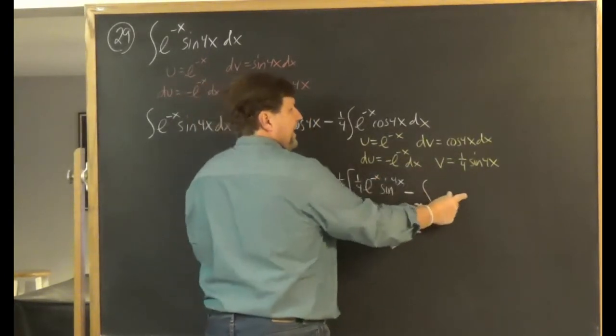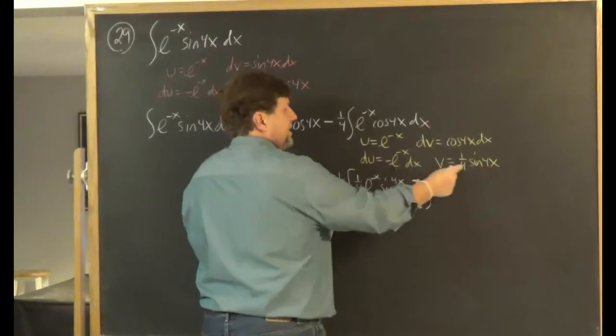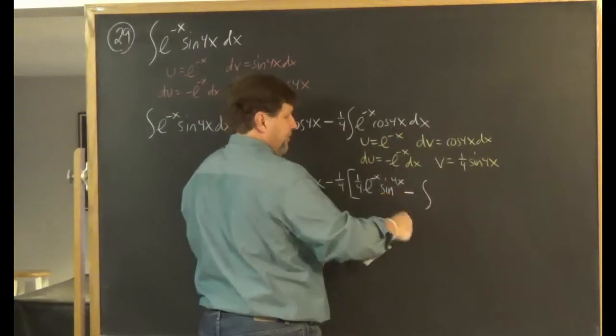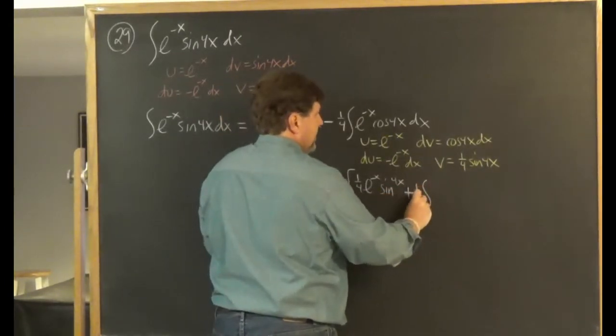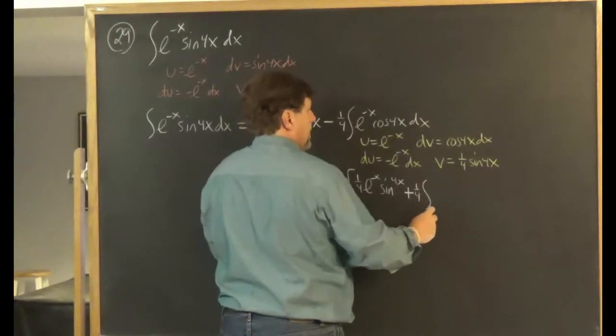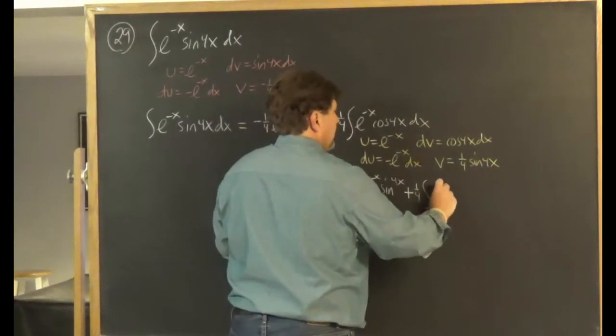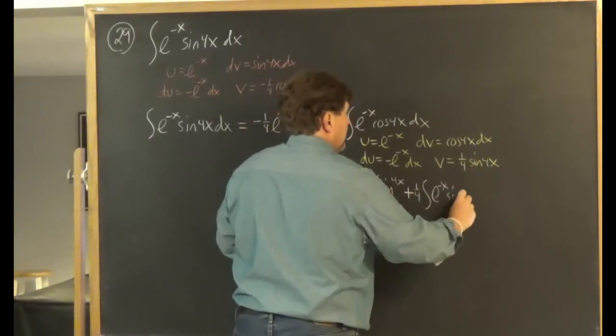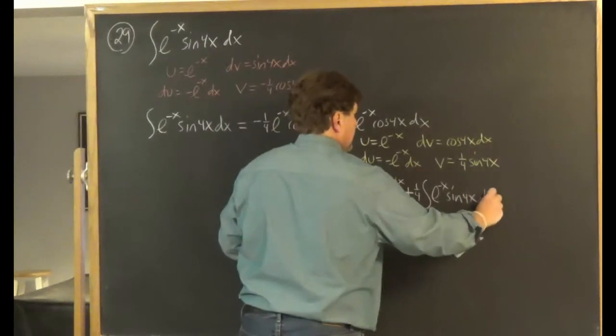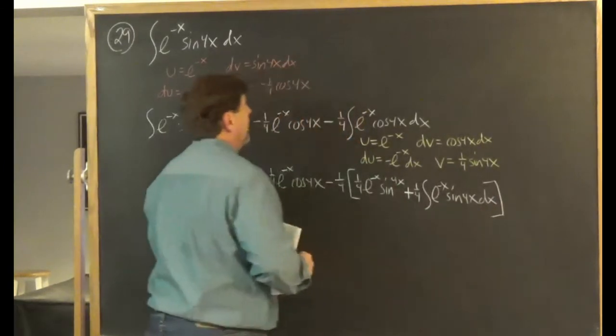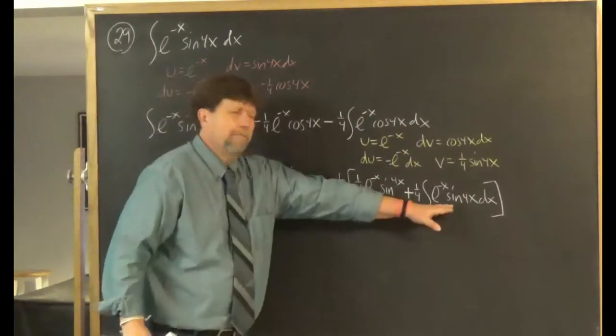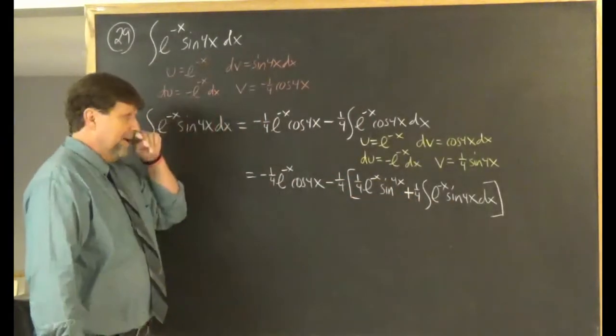So when I put v du in there, I'm going to have a negative 1/4 that I can rip out front of this integral, so 1/4 e to the negative x sine 4x dx. And yes, I'm right back to an integral that I started off with.